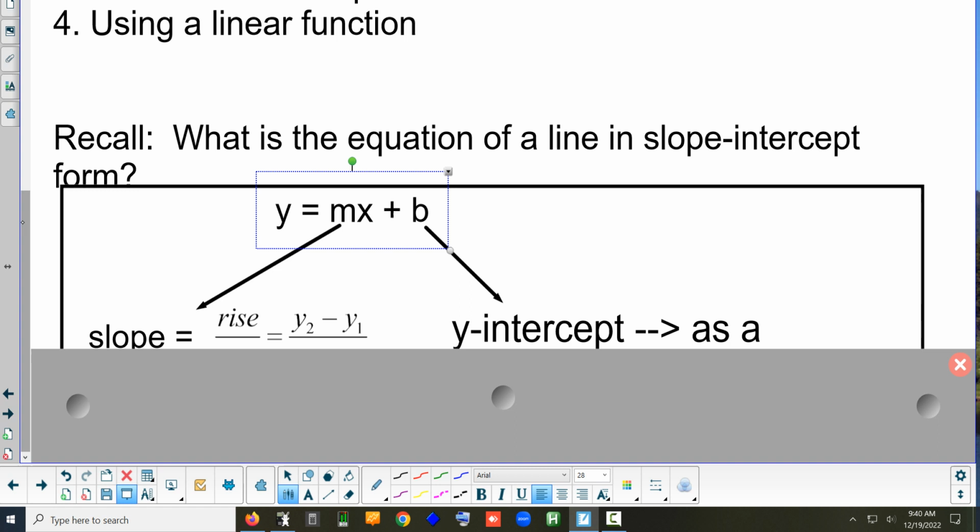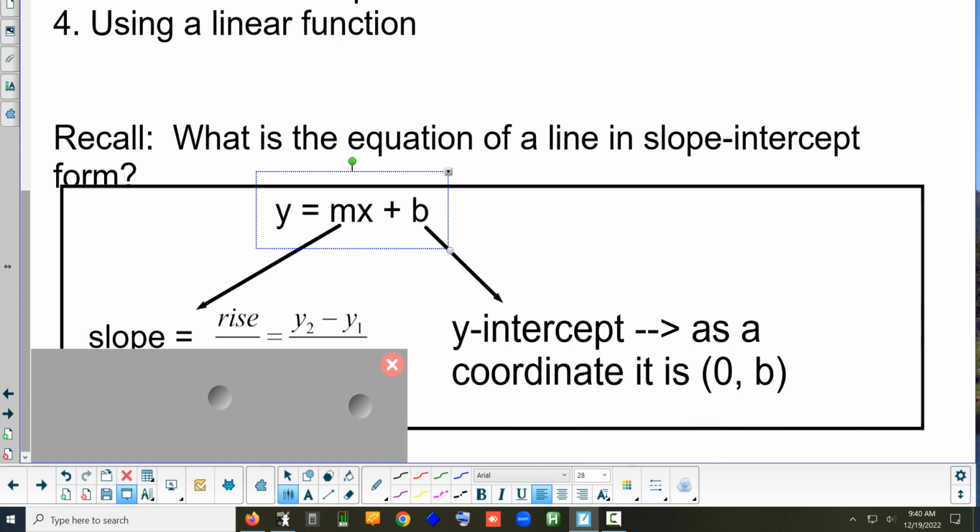So you have an arrow pointing off to the right from the B. And right where that arrow is pointing, you could write that down. B is the y-intercept. And as a coordinate, it's always 0, comma, a number.